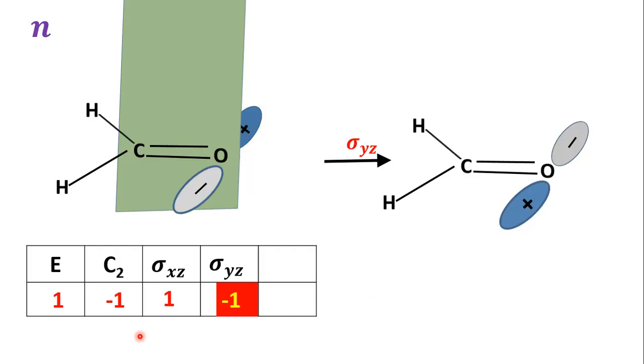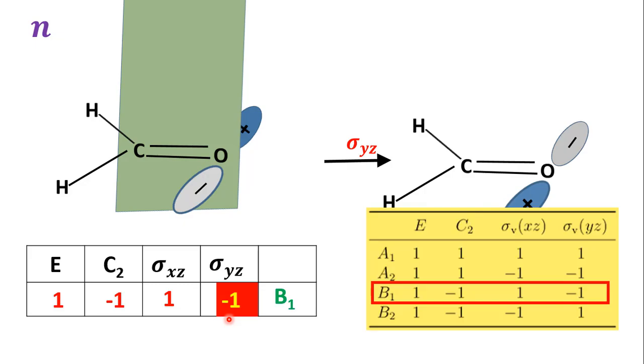We get 1, -1, 1 and -1. If you look at the character table, we see the same sequence 1, -1, 1, -1 against B1, and so the symmetry of the non-bonding orbital is B1.